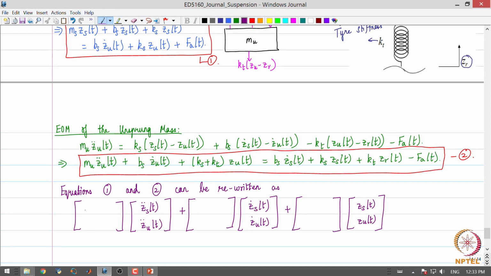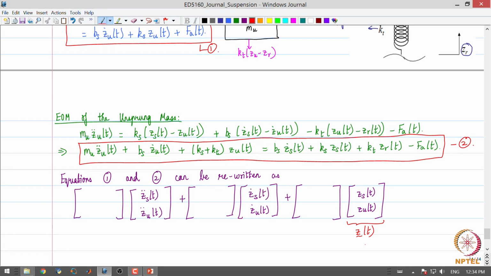So, let us look at these terms first, okay. Let us say we call this our vector z of t, which indicates the state of the system, right. Because it is a 2 degree of freedom model, the vector z, I am denoting a vector by putting a tilde underneath it, and a lower case character.